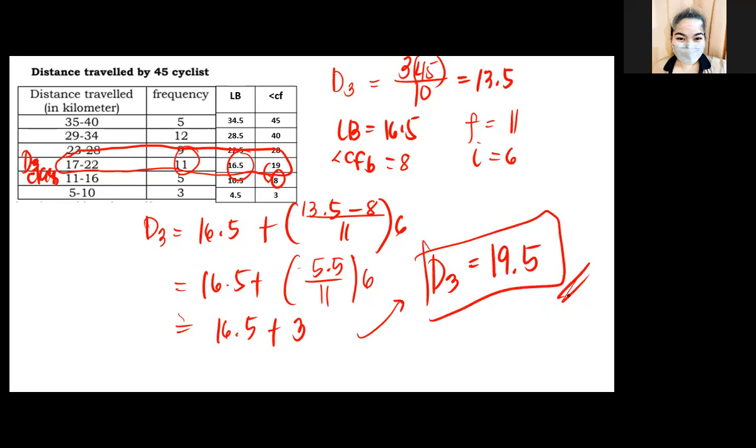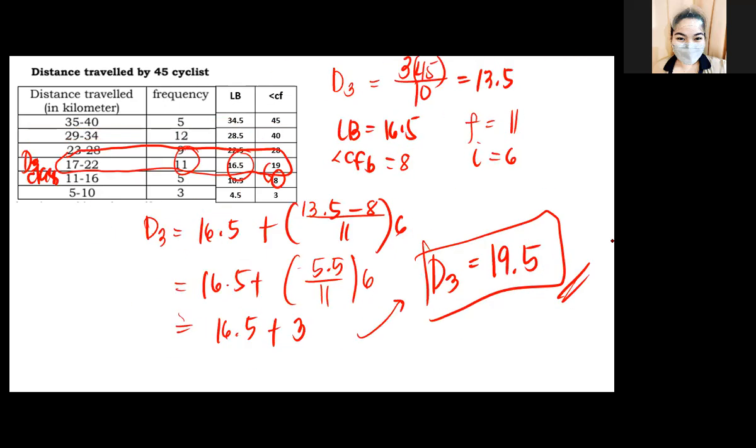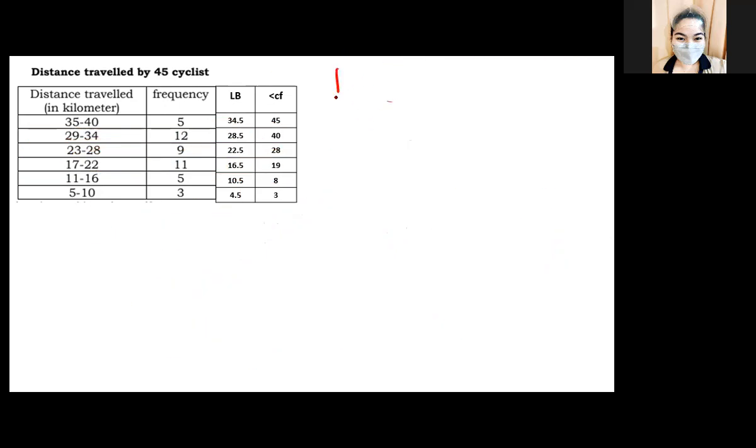Okay. So paano naman kapag percentile na? Kunwari ang hinahanap natin ay percentile. Try natin si P sub 92. So ano yung magiging locator natin dito?